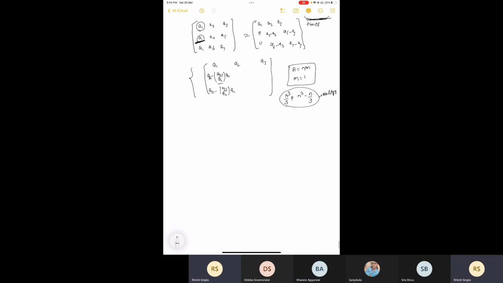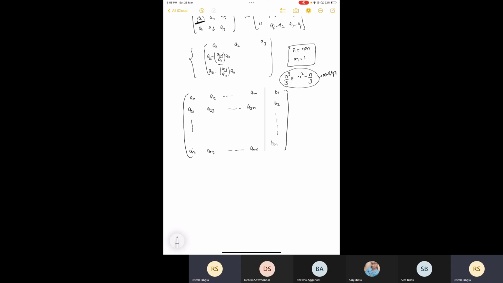So let us do it for m equal to 1 for the time being. Say we have this matrix A11, A12, up to A1n, A21, A22, up to A2n, and so on down to An1, An2, and we have a straight line to form an augmented matrix with B1, B2, and so on up to Bn.